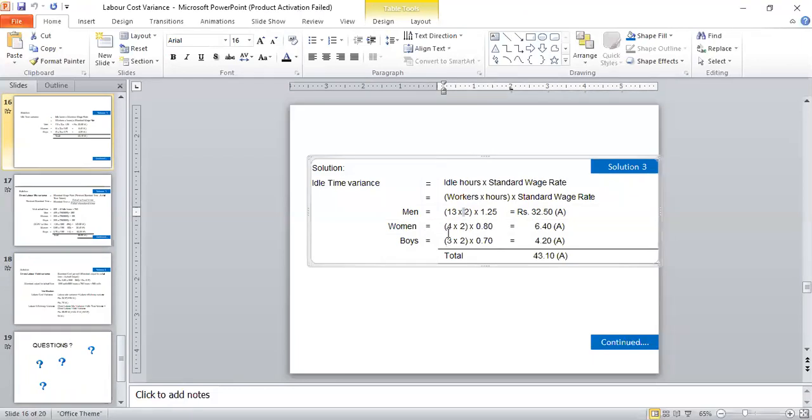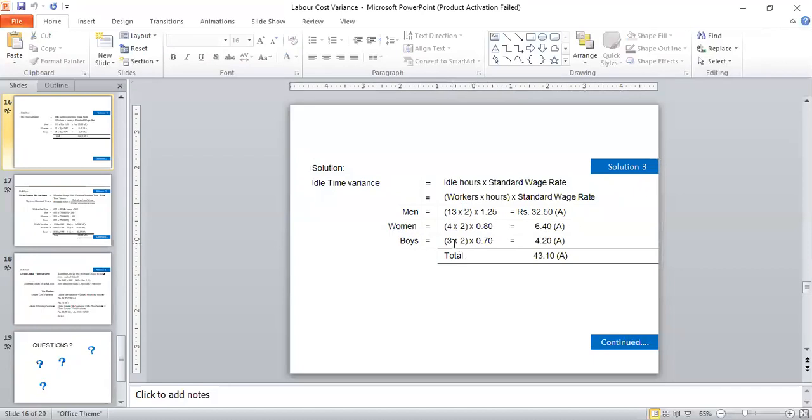In case of women, they are 4 and 2 hours into 0.80 means rupees 6.40 adverse variance. For the boys also, they are 3 boys in actual, 2 hours of idle time paid at 0.70 is equal to rupees 4.20 adverse, and total of these idle time variances is equal to rupees 43.10 adverse.